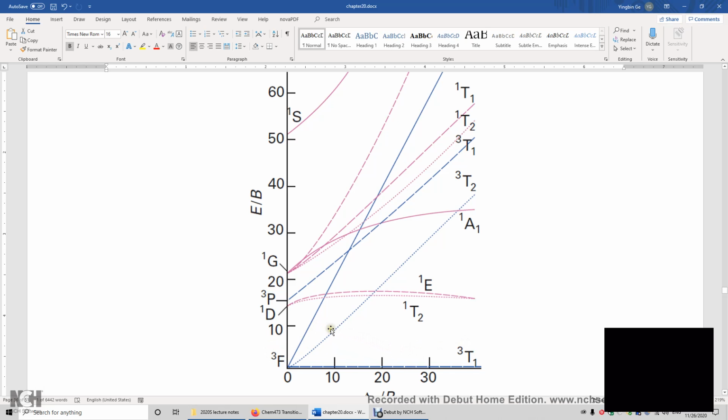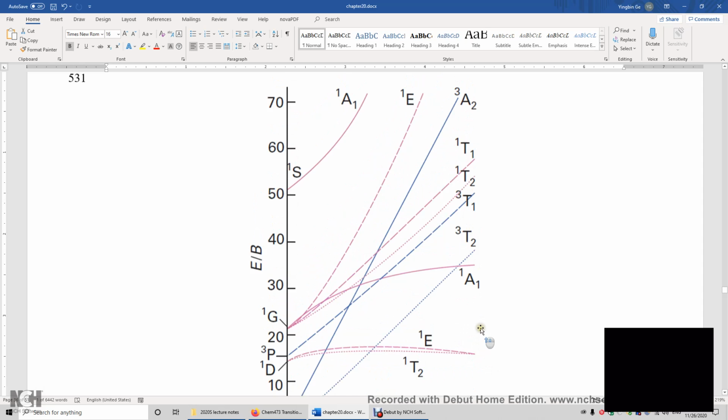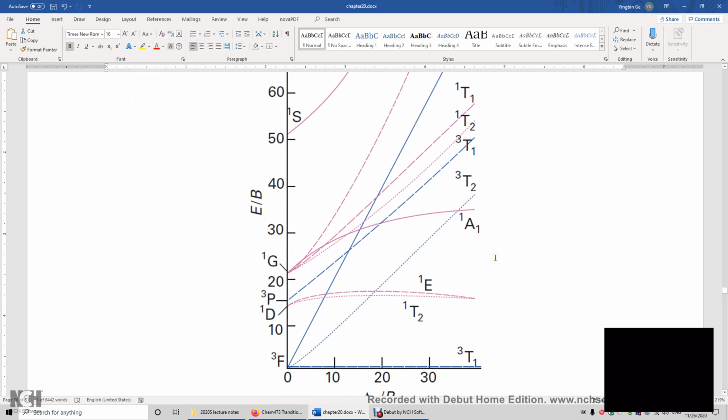So now we're going to see 3T1 to 3T2 transition, 3T1 to 3A2 transition, and also 3T1 to this 3T1 transition. So this 3T1 originates from this 3P. And the difference between 3P and 3F is 15B. So supposedly over here, the difference is also 15B.